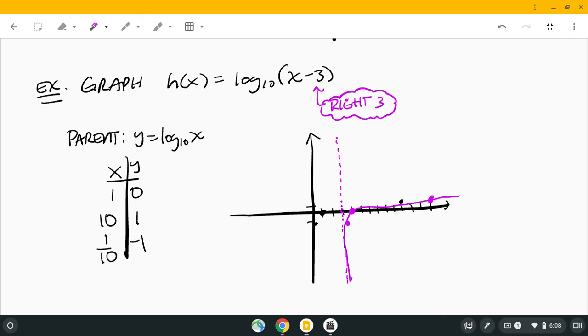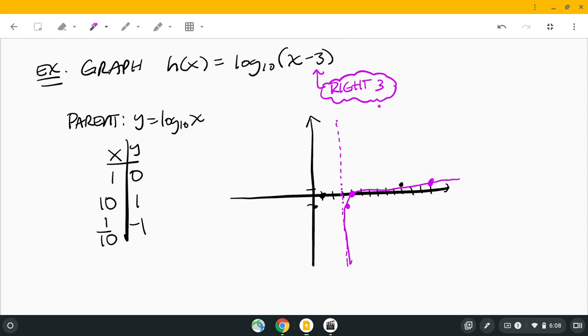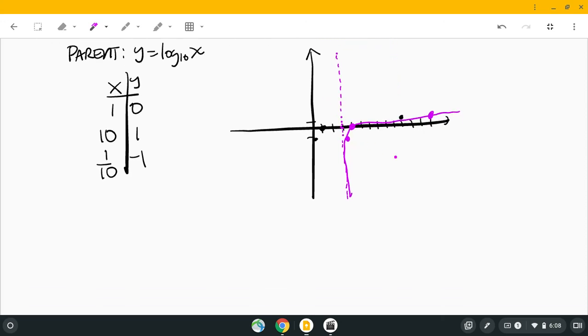But understanding the shifting might be necessary in case in your homework or on the quiz or on the test it says, what would you do to the parent function log base 10 x given this function? And you'd have to say, oh, I would shift it right 3.